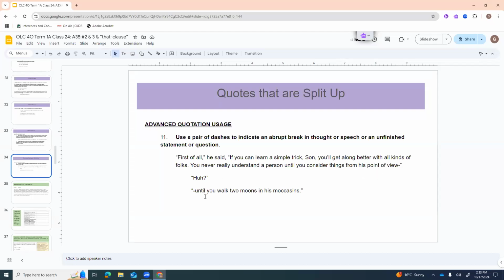"Huh?" "Until you walk two moons in his moccasins." So here you can see they put a dash there to show, hey, he wasn't finished talking, he got interrupted. And then you put a dash here to show this is the rest of the sentence that he was about to say. So there's a dash at the end of the part where he got interrupted and a dash at the beginning when you finish the sentence.